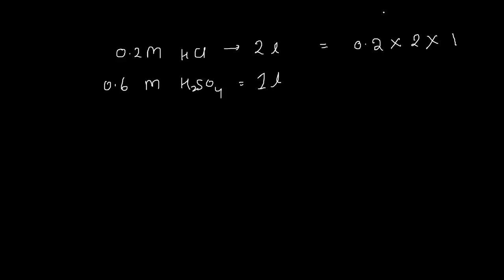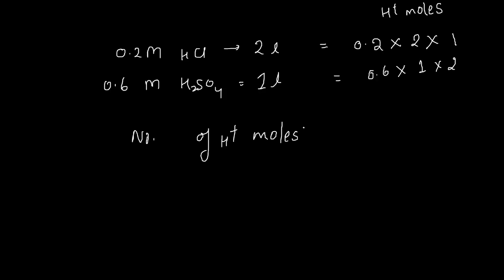So the number of H plus moles is equal to molarity times volume times H plus ions. Similarly for this one, it is 0.6, which is molarity, then volume, which is 1, and H plus ions, which is 2. So the number of H plus moles in the HCl is going to be 0.4 moles.